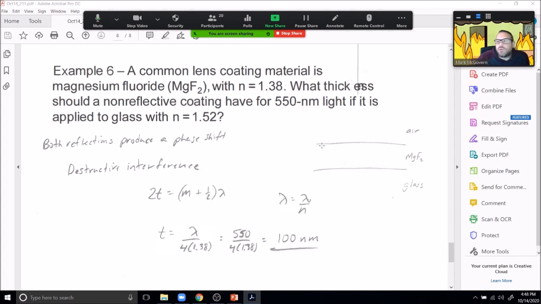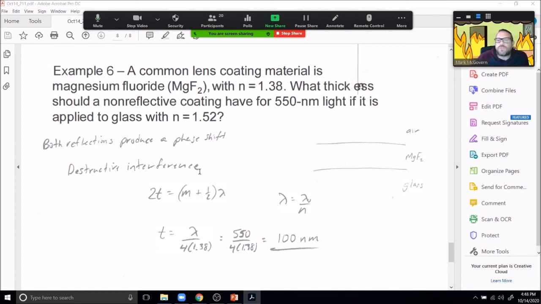So we have air, we have our magnesium fluoride, we have our glass. You go from 1 to 1.38 to 1.52. That means a phase shift at the air to magnesium fluoride boundary, a phase shift at the magnesium fluoride to glass boundary, therefore no relative phase shift.